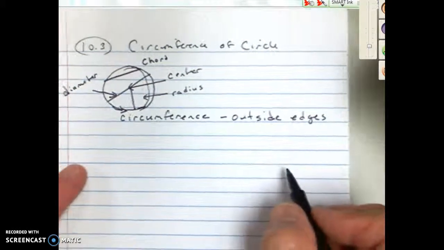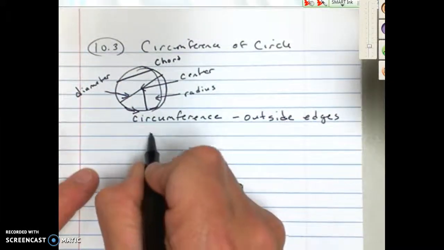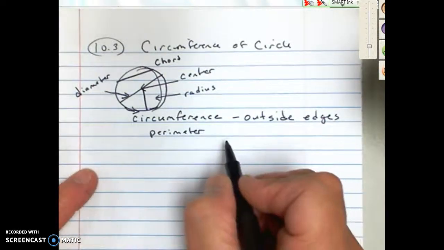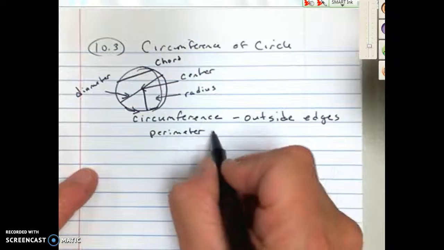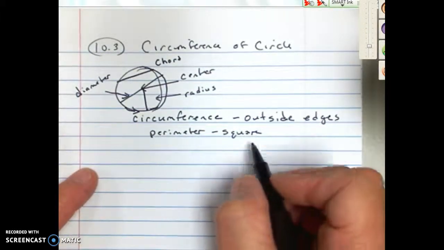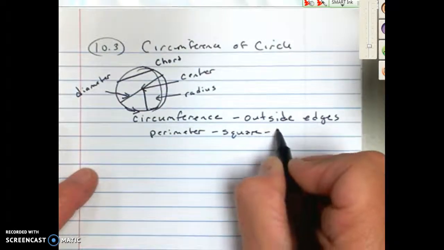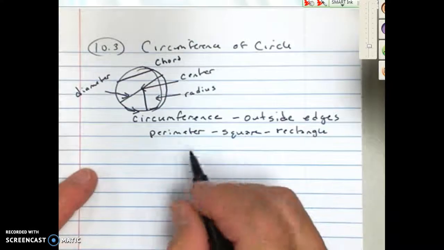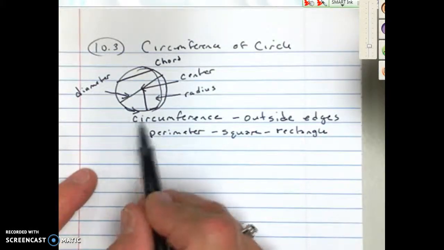In the past, you found the perimeter of a square or rectangle, so we use that when we find the outside edges of a square or rectangle. Circumference is like the perimeter, but it's the perimeter of a circle.